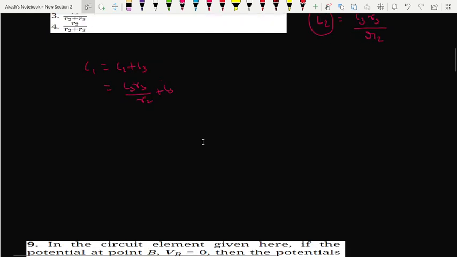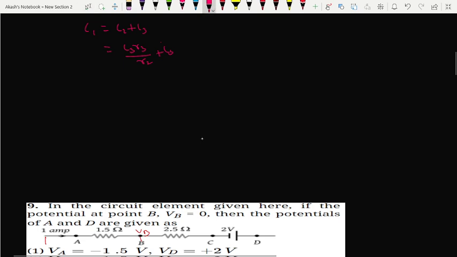Now we can write I1 equal to I3 R3 plus I3 R2 upon R2. Take I3 common: I1 is equal to I3 times R2 plus R3 upon R2.